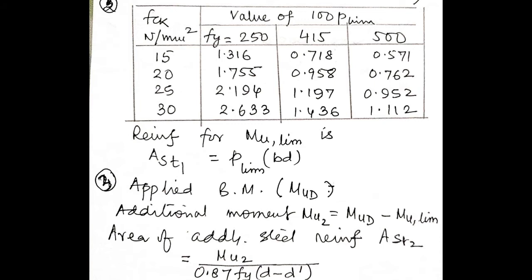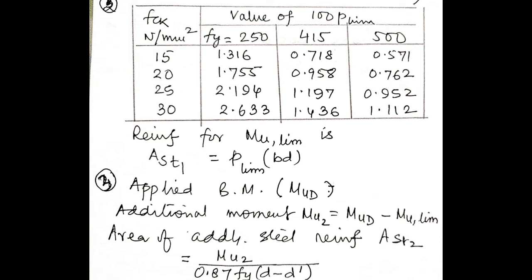So go horizontally from 20, and which is the steel grade used? That is Fe 415. So along 20 you go to the right hand side along the row, and under 415 it is coming as 0.958. So we will use the pt value as 0.958. This is the way we should read the table.